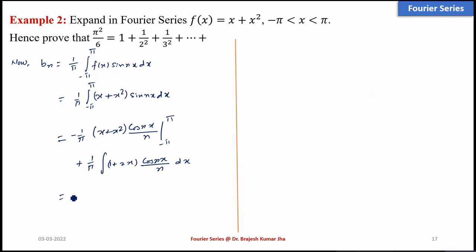So this time, if you put pi and minus pi, it will be, again, minus 2 times cos n pi by n. The result of this you will get.